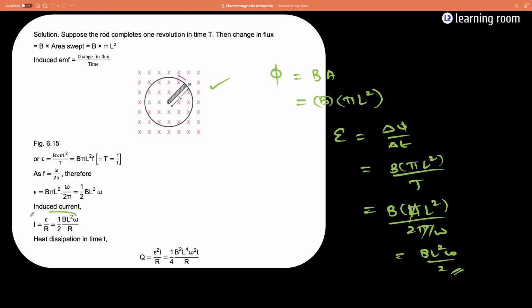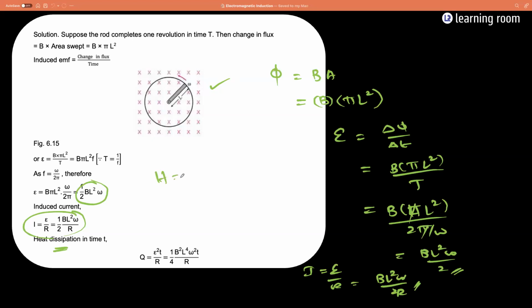So EMF will be B L square omega divided by 2. Current will be E divided by R, which will be B L square omega divided by 2R. Similarly, what is going to be the heat dissipation?